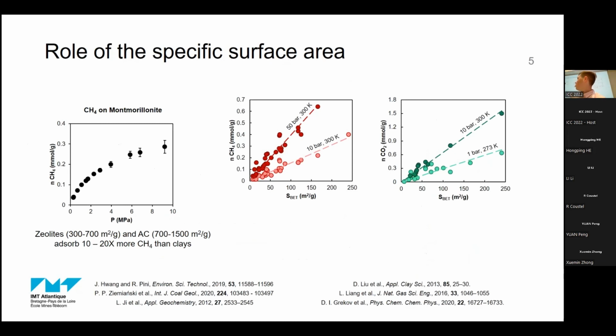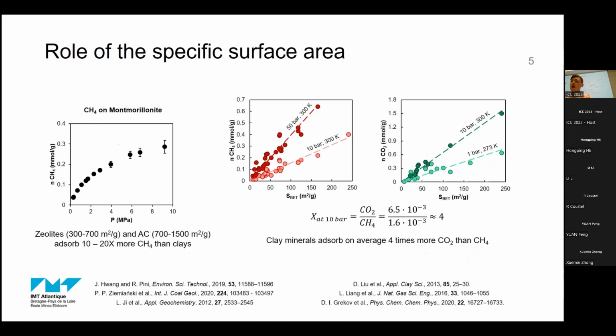For methane and CO2, we can find a linear correlation between amount adsorbed and the surface area. From the slopes of these lines at a given pressure, at 10 bar, for example, we can determine that clays adsorb 4 times more CO2 than methane, which is usually found for many other porous materials.